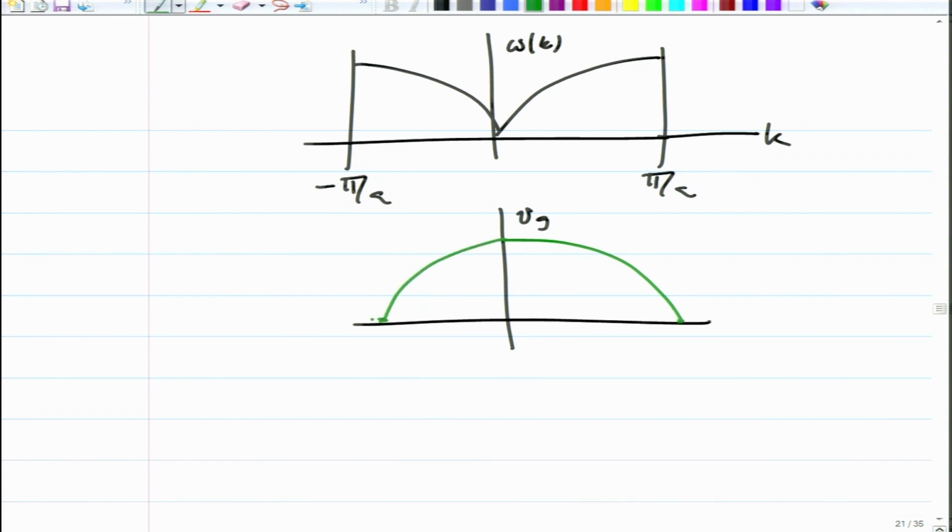What we have learnt is at these points, these modes describe the sound, and this speed of sound is given by the slope of the omega versus k curve at k nearly equal to 0, and at k near the Brillouin zone, the information does not really propagate because the group velocity becomes 0.